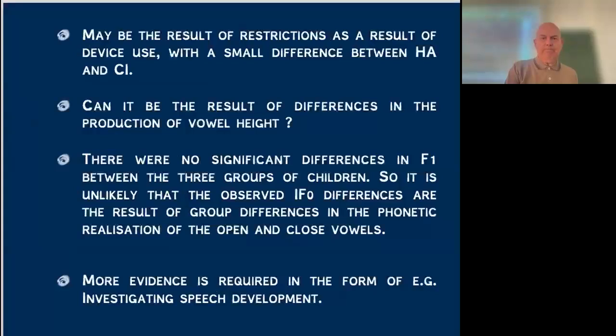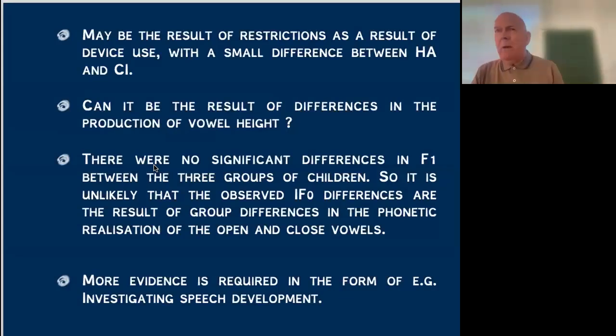All right. How do we interpret this? I think what we find here is some statistical evidence that the perceptual system potentially may play a role in determining IF0. I've got a couple of arguments, really.